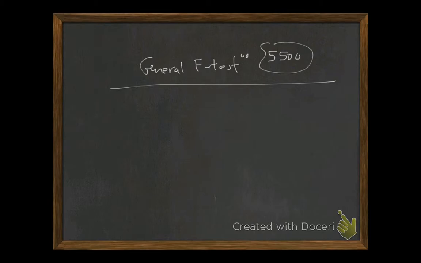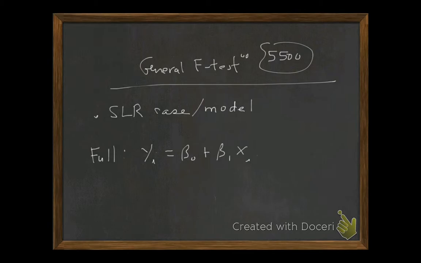So let's consider, and what I want to look at is this in the simple linear regression case. In the simple linear regression model, we have a full model, just as you would expect, okay?